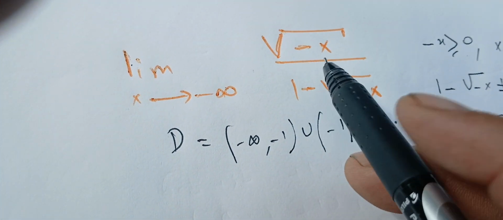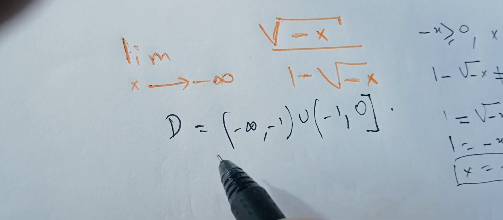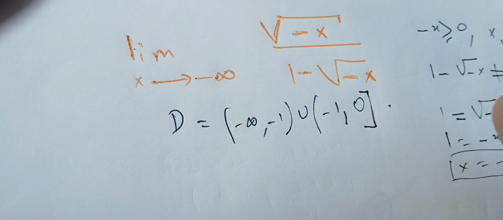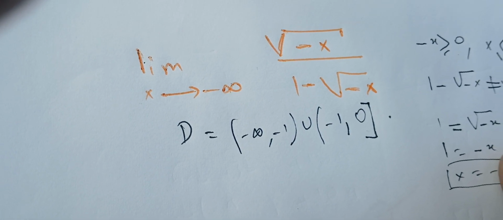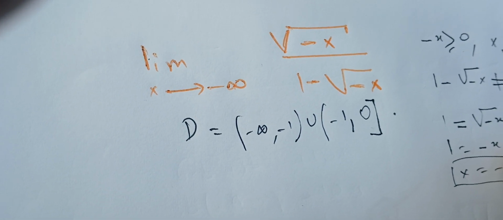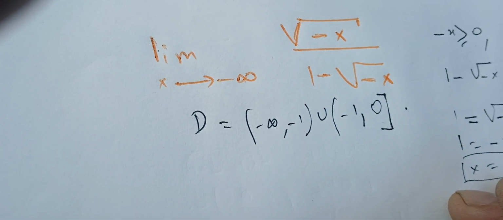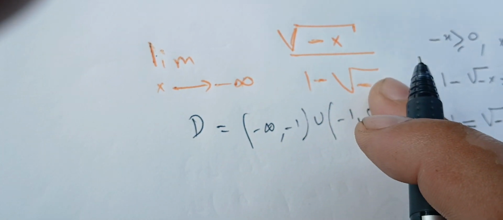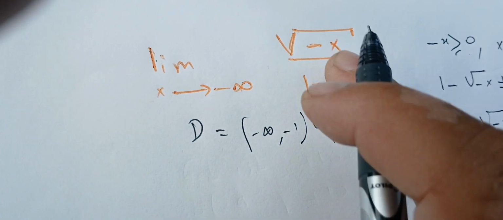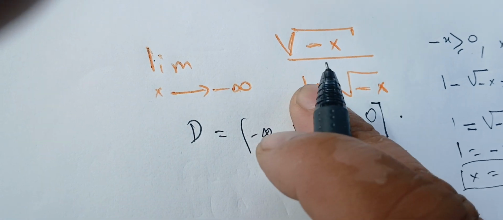If we call this one a function, now we can clearly see that the limit is minus 1. Why? Because we have this ratio of the square root over 1 minus this quantity. The difference between these two quantities is just 1.